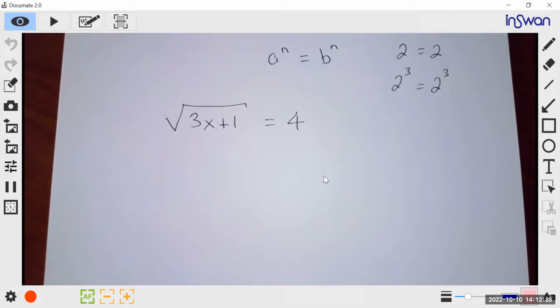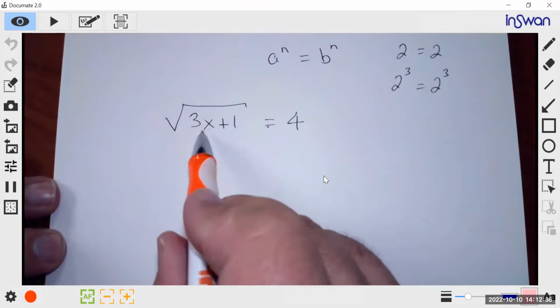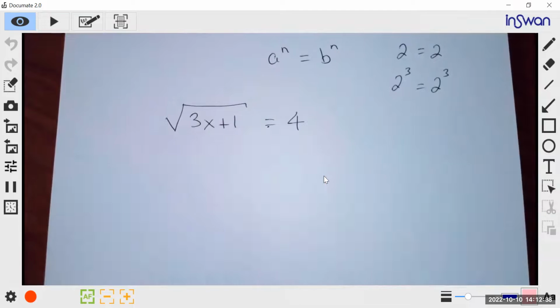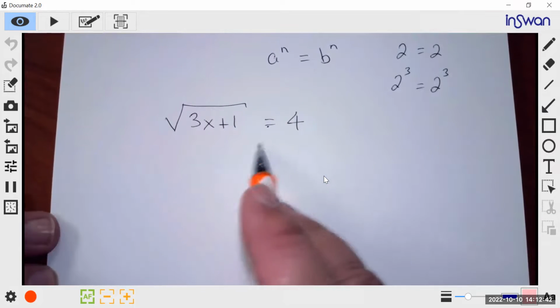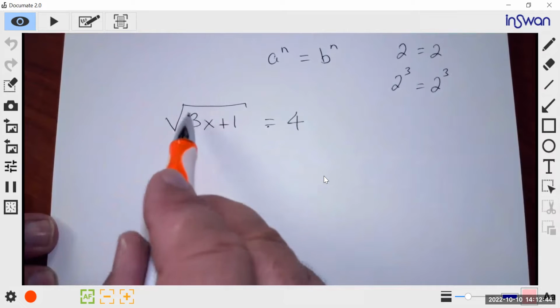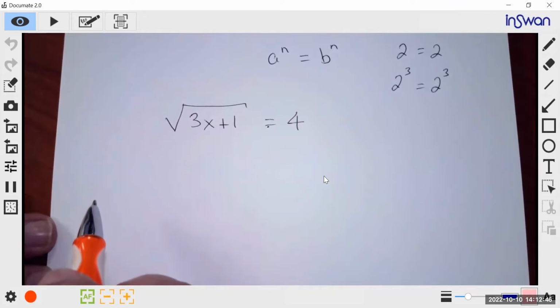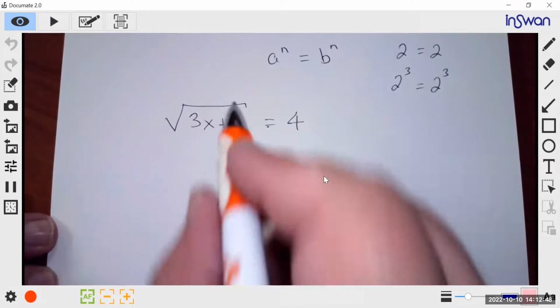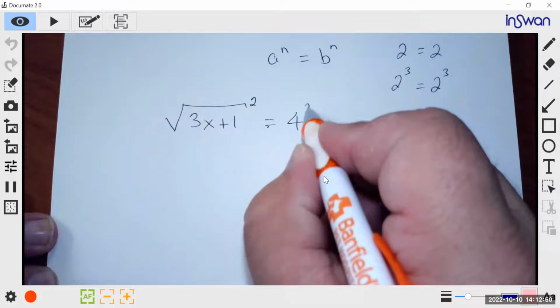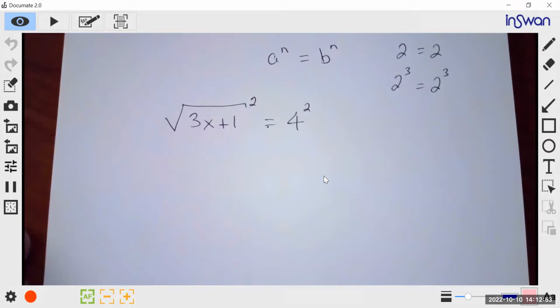So let's say we have with this example, square root of 3x plus 1 equals 4. Same concept. We have an equal sign. We have to get the x by itself. So move all of the x's to one side, non-x to the other side. So how do we get rid of the square root? Square. Whenever we do one side, we have to square both sides.